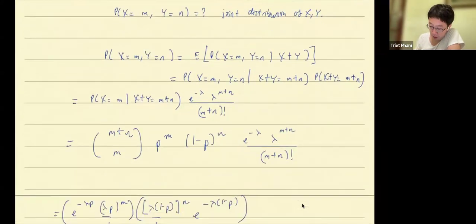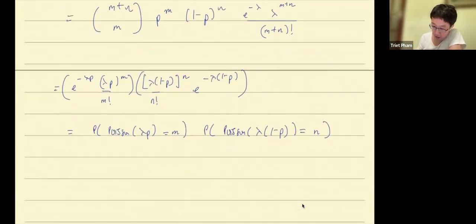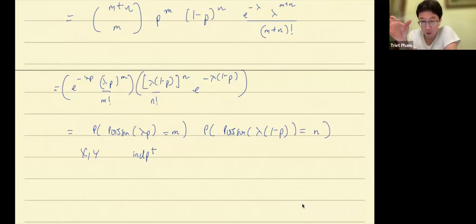And the answer is that jointly they are independent. So that's the conclusion. The number of males and females will be independent. Notice that this is not implied explicitly in the hypothesis.